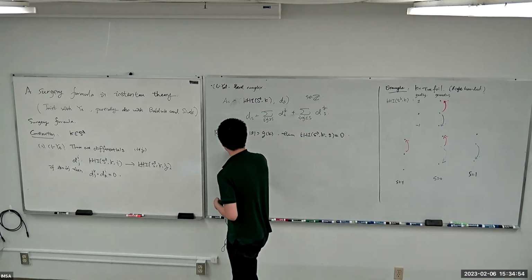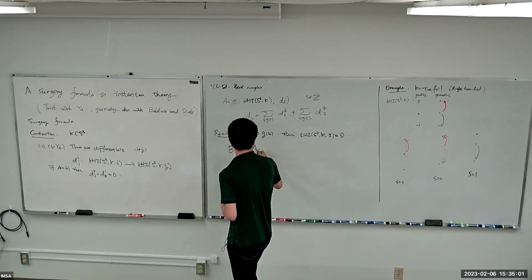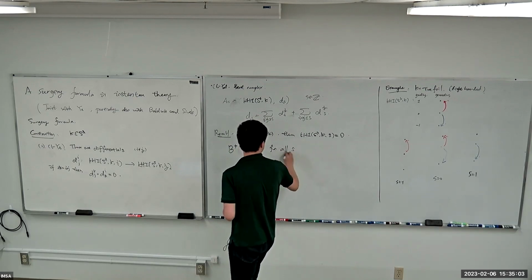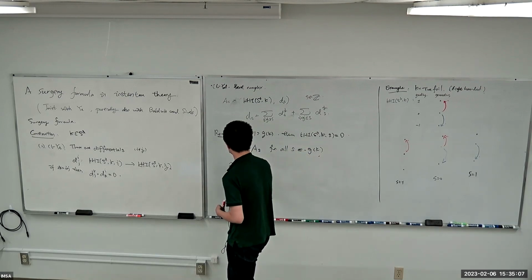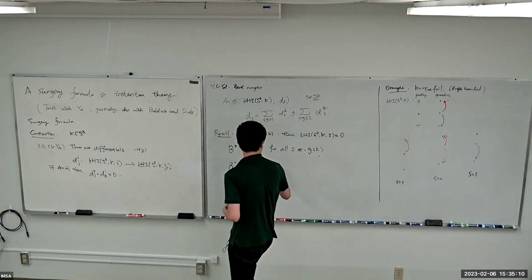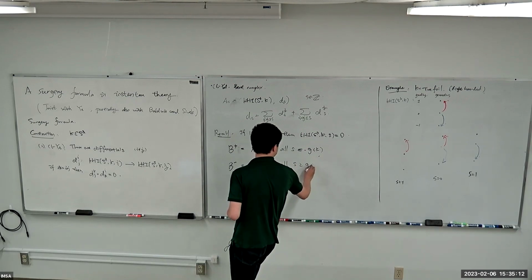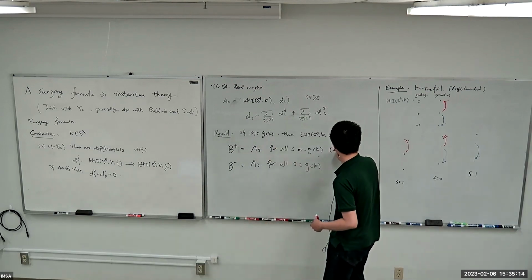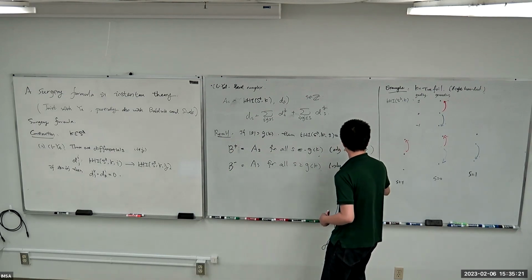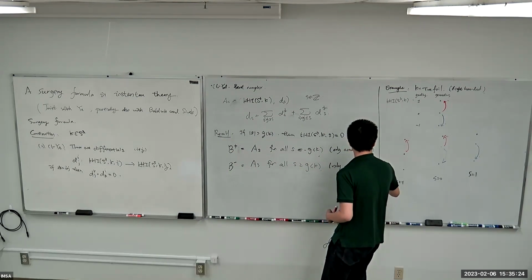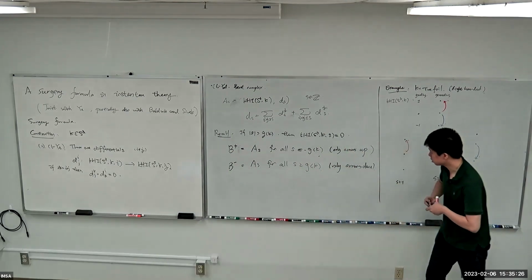So we can define this B plus complex to be A_S for S smaller than -g, and we define B minus to be A_S for S larger than the genus of K. Well, there are only arrows up, and there are only arrows down. So that's why I put plus and minus here.